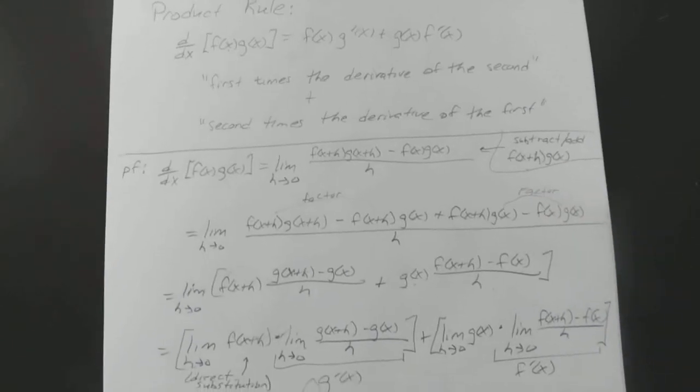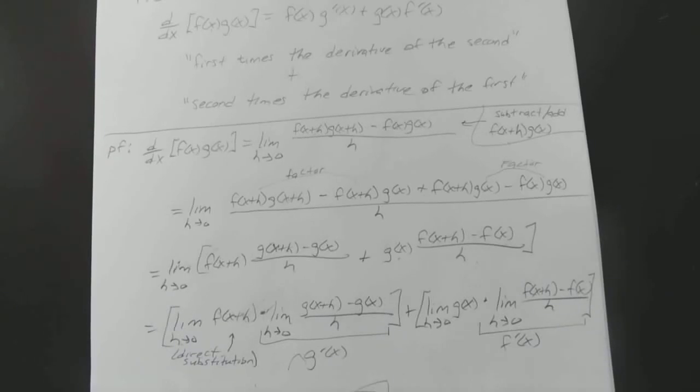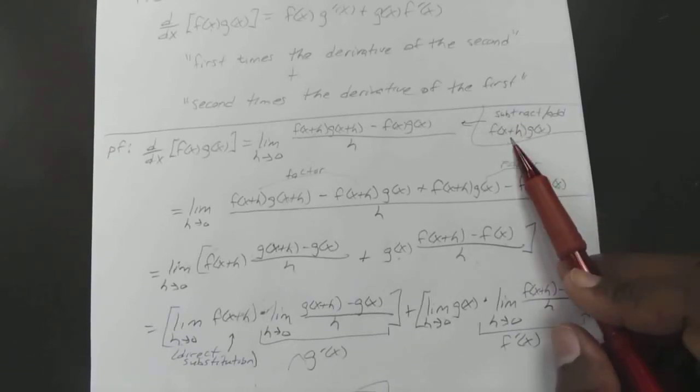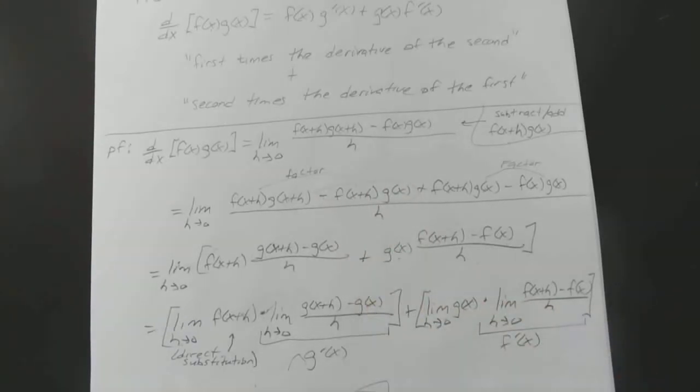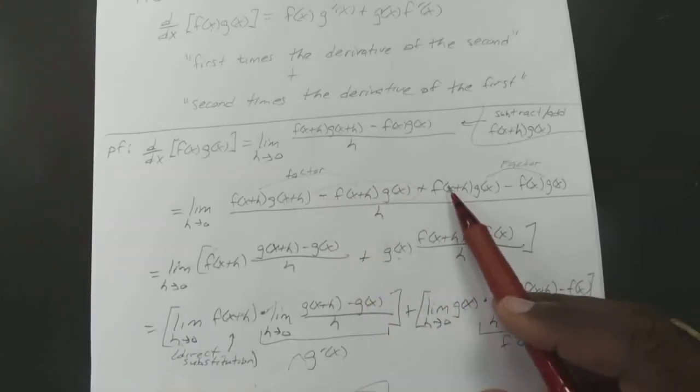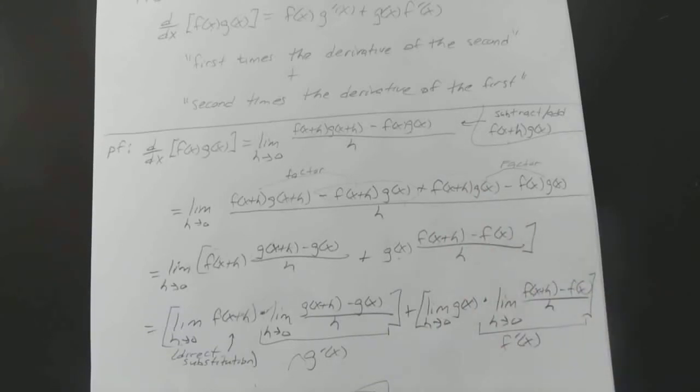So here, I just subtracted f of x plus h times g of x, then I added the exact same thing. Okay, I see. So this way you're not changing the value, you're just basically adding 0. Okay, and then we were able to factor it out because there are different constants and there's the plus and minuses to separate them. Exactly.